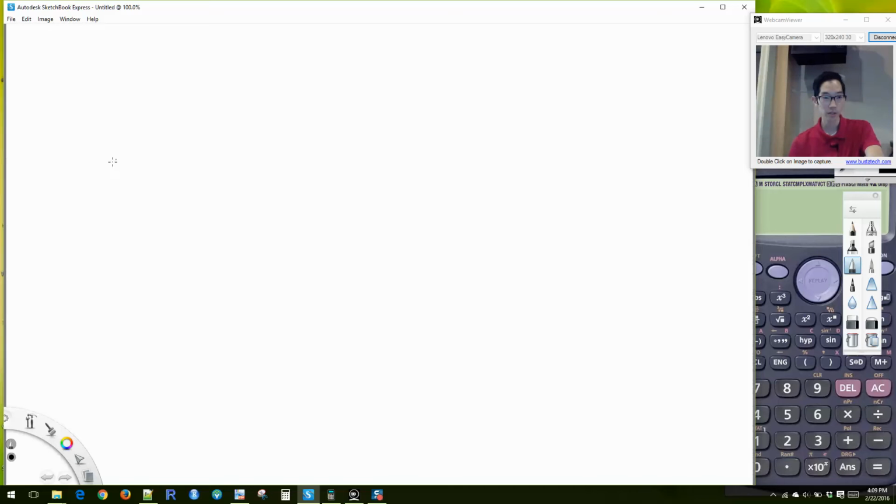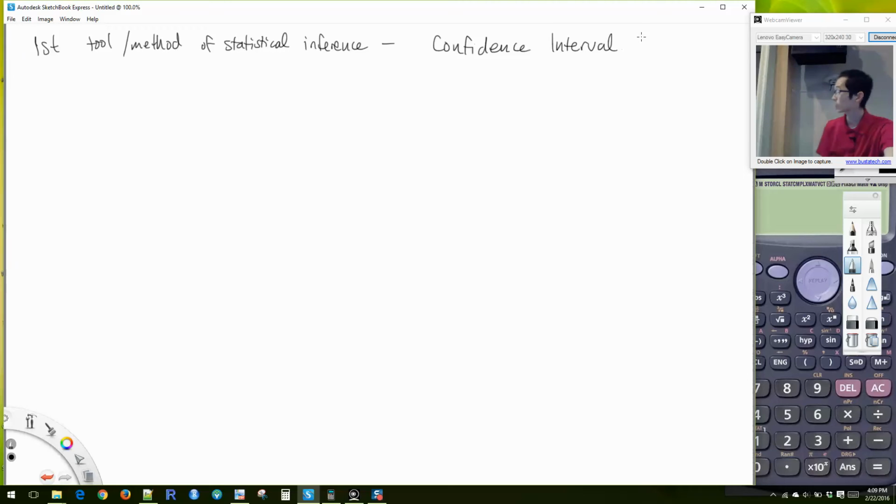Our first tool or method in statistical inference is the confidence interval.